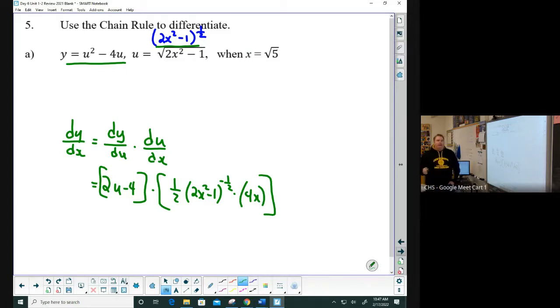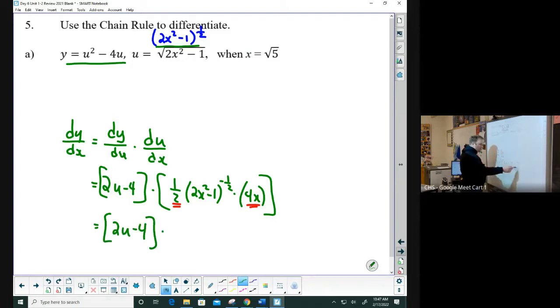Now, I simplify when it's easy, but don't stress too much about simplifying. Like, don't do too much rainbow or anything like that. Simplify where it's easy. To me, it's easy to see 1/2 times 4x. So I leave everything else the same. 2u minus 4 dot, and then 1/2 times 4x is 2x, times 2x squared minus 1 to the -1/2.